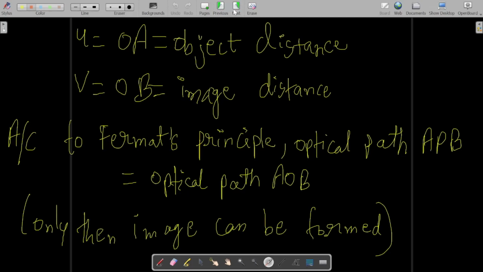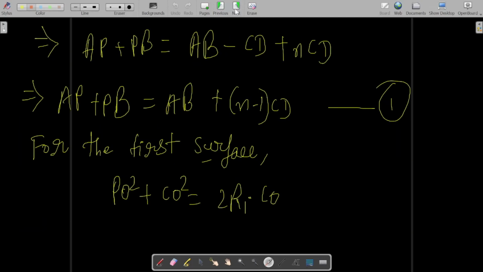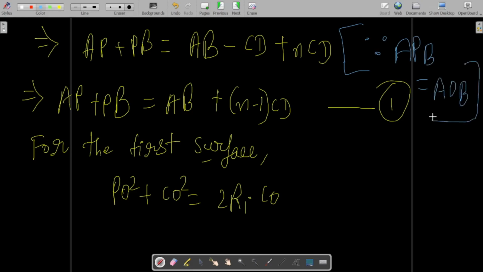Now, if the path APB is equal to AOB, let's write over here, APB is equal to AOB. How has this particular expression come? Let's look at the figure.